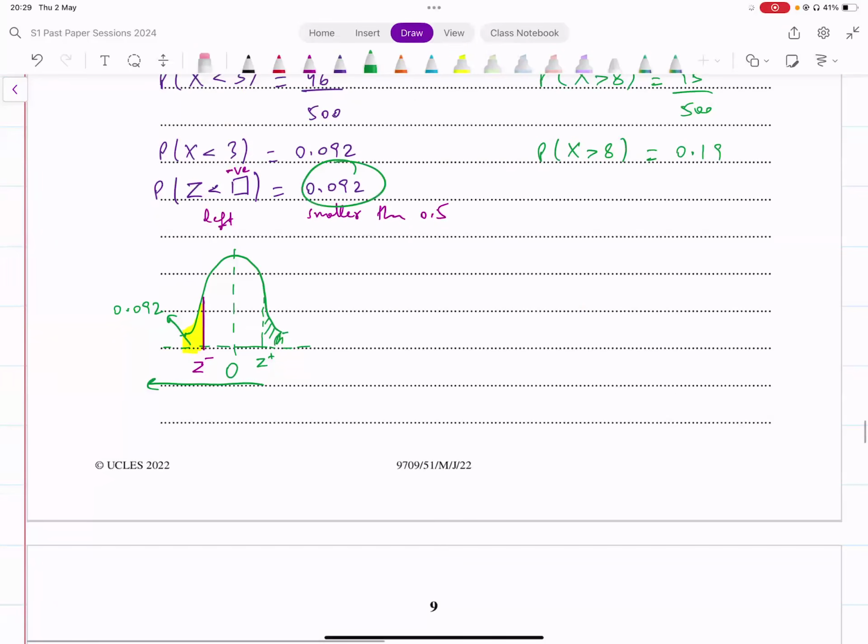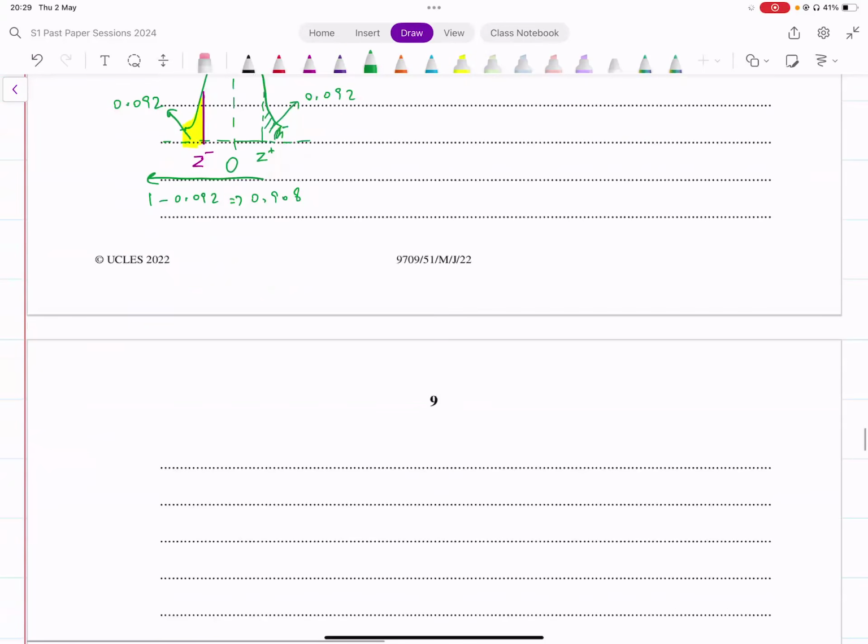This will be 1 minus 0.092. What does that give us? 0.908. So we could write that as the probability of z less than the positive value of z equals 0.908. Now this is the standard form.